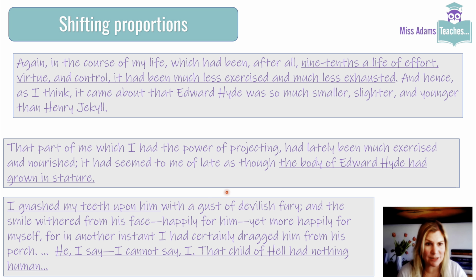But when he describes how he "gnashed his teeth upon him with a gust of devilish fury," so this brilliant zoomorphic metaphor that suggests power. This is describing Hyde when he's in a panic before he gets Lanyon to come and help him and he attacks his cab driver. But he uses the first person pronoun "I."